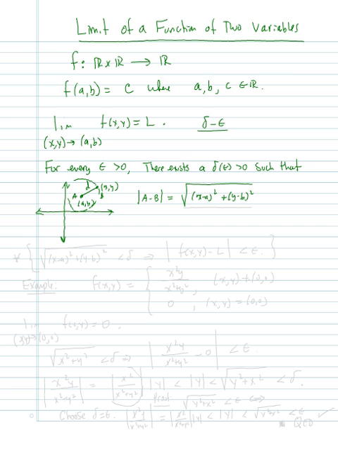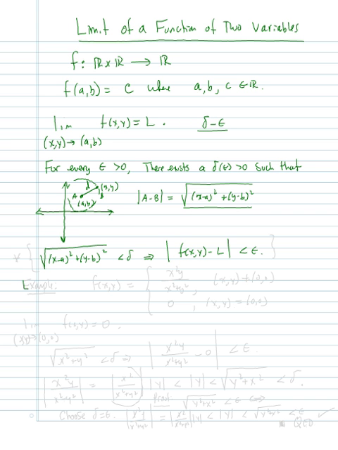So we can say for every epsilon greater than 0, there exists a delta such that the square root of x minus a quantity squared plus y minus b quantity squared less than delta implies that my functional value and L are within epsilon distance of each other.